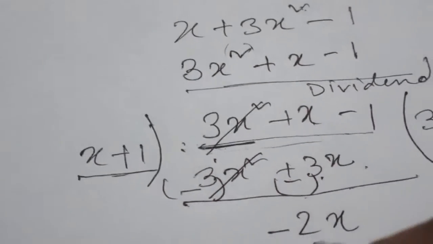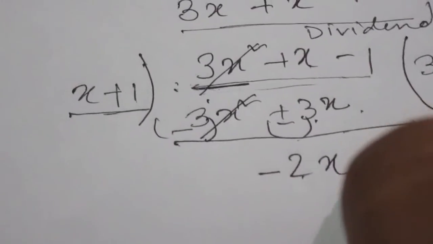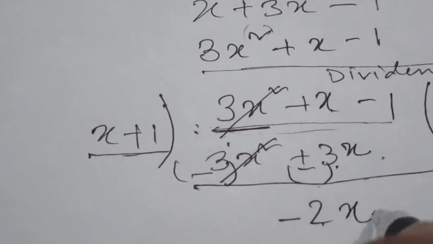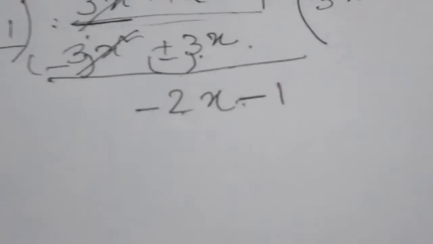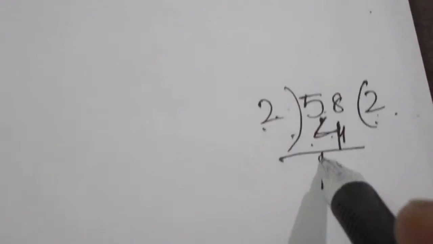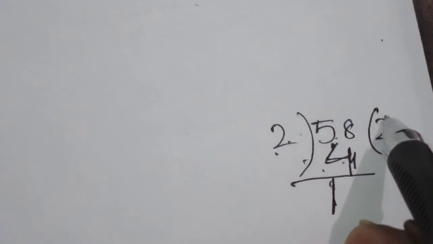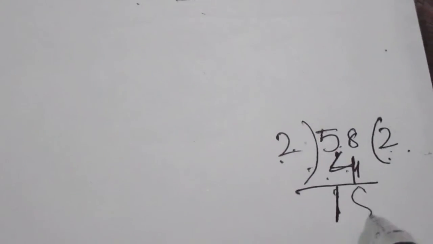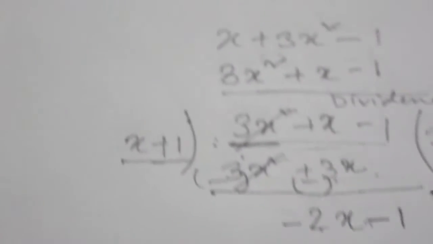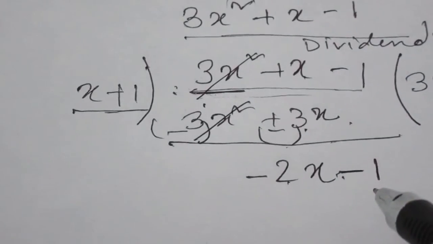Then what we have to do? We have to bring minus 1 down. It is similar to when we get 5 minus 4, we get 1, and the next step is we bring 8 down. Similarly in case of polynomial also we have to bring the next term, minus 1, here.